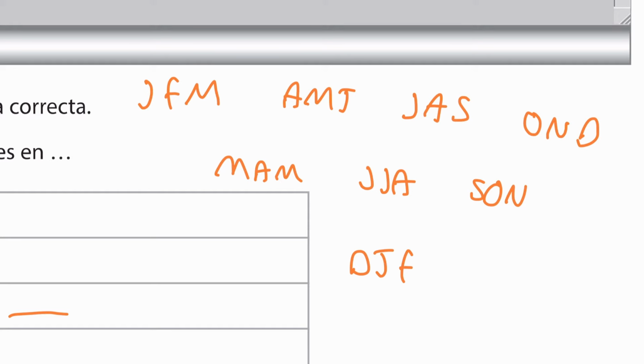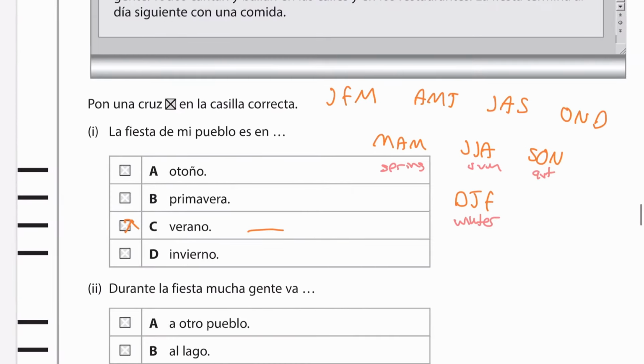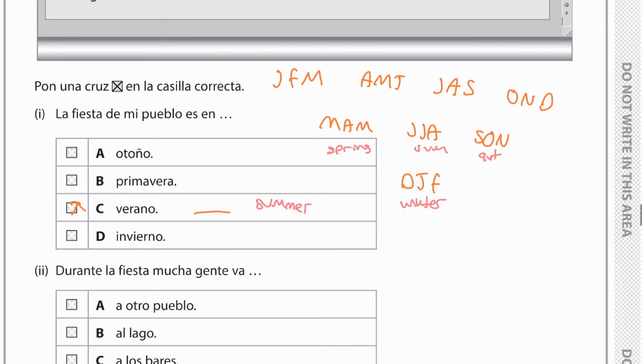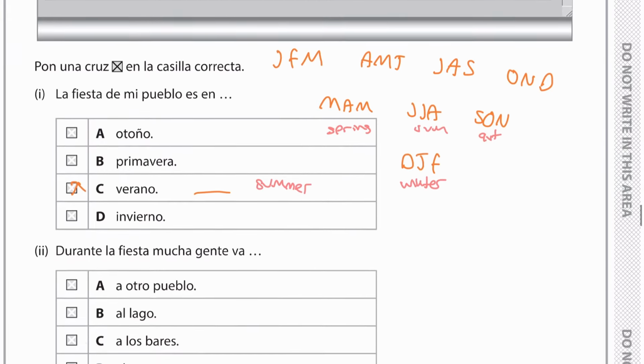So I think I realized how this works. Spring, summer, what comes next? Autumn and winter. Anyway, that's besides the point. Verano, summer, we all should know what verano means. It's the most common season you guys use, so yeah. Let's continue. August, it's going to be en verano.